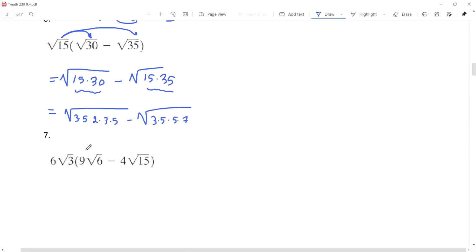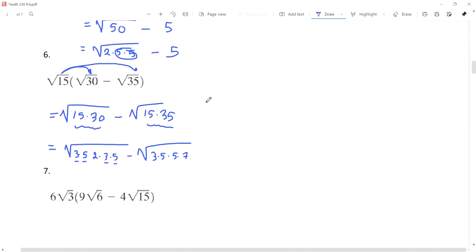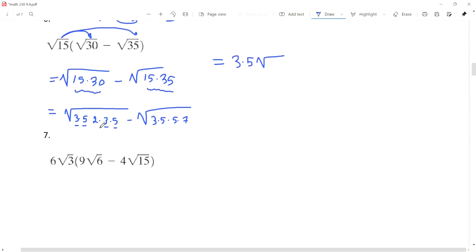Now we're looking for pairs. I have a pair of 3s and a pair of 5s. So that's going to go in the front. So this is equal to 3 times 5 in the front, leaving us with a single 2 on the inside of the radical. So this is a 2 on the inside, minus now we have a pair of 5s.